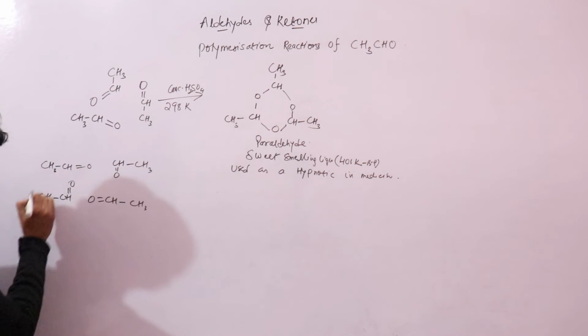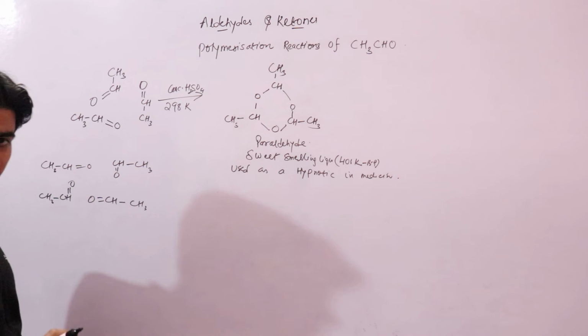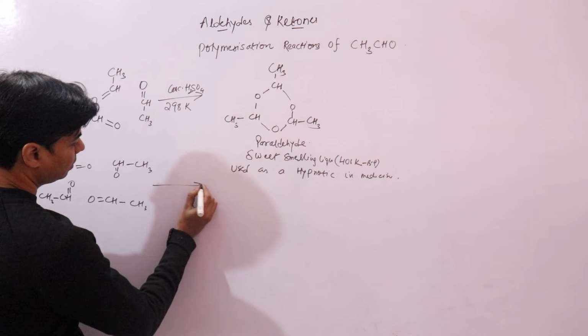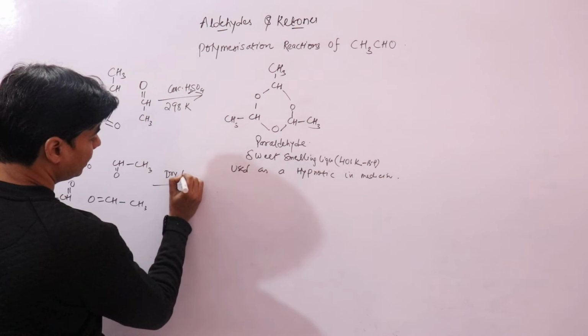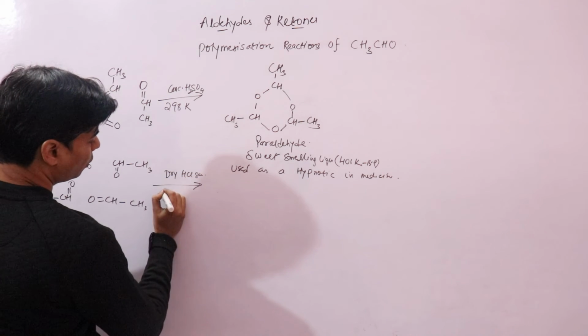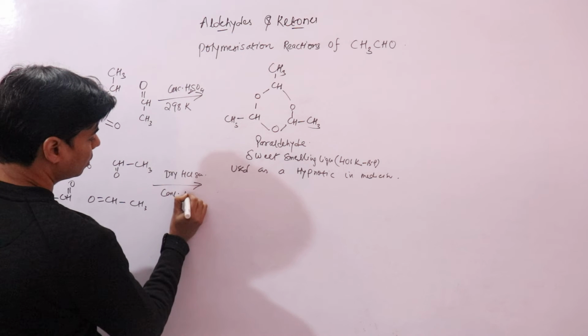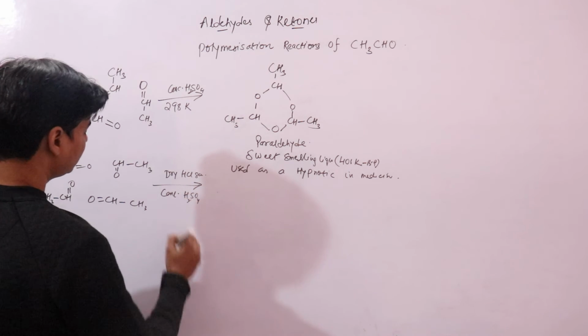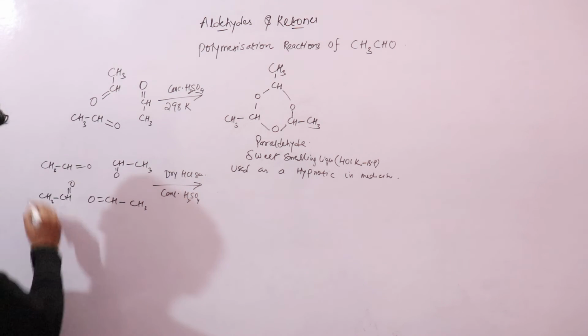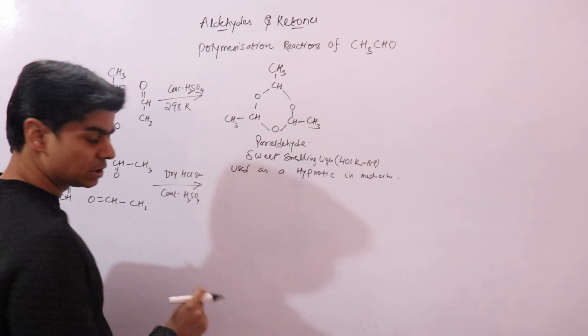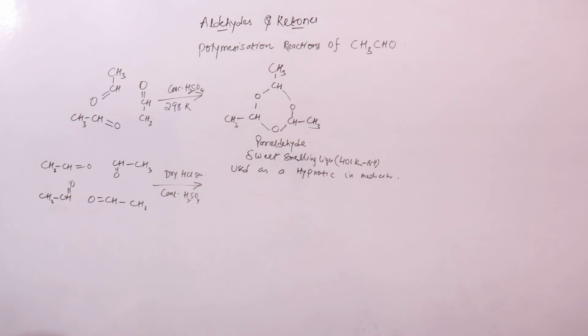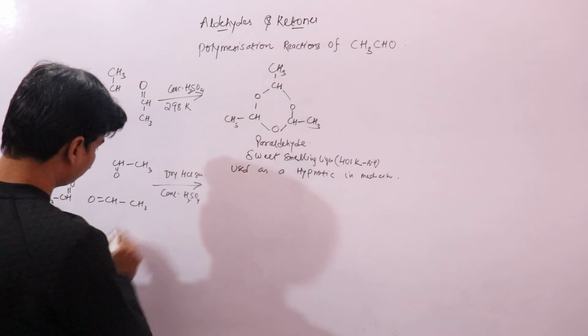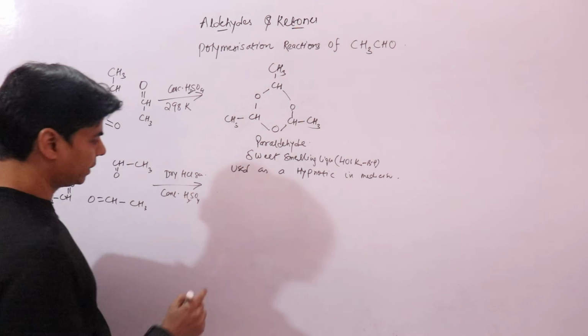So here 4 molecules of acetaldehyde, in presence of dry HCl gas or concentrated sulfuric acid, will form a tetramer, which is called metaldehyde. The tetramer is known as metaldehyde.